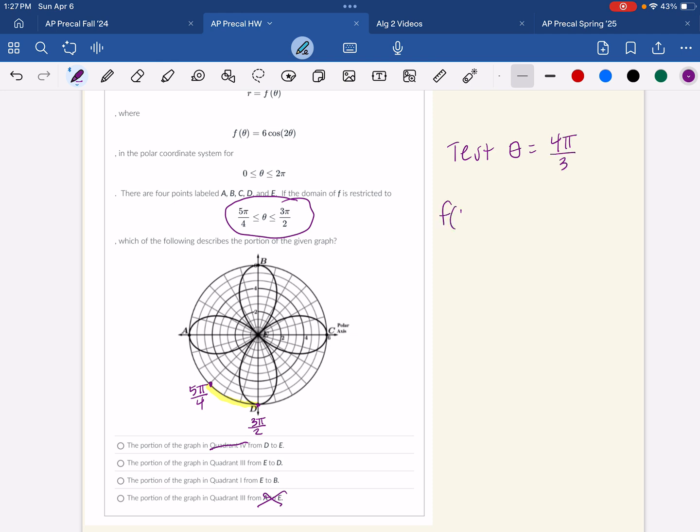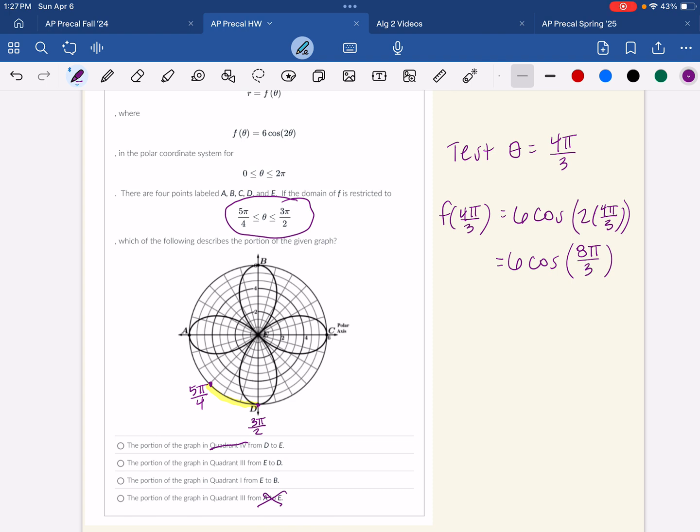So if I do f of 4 pi over 3, 6 times the cosine, we have 2 times 4 pi over 3 here. A little annoying, but we can handle that. So now I'm getting a radian measure, 8 pi over 3.